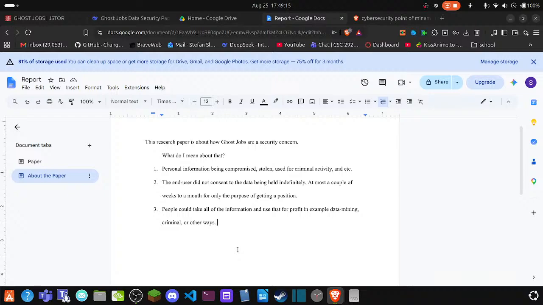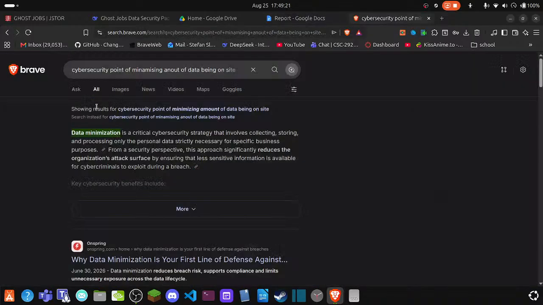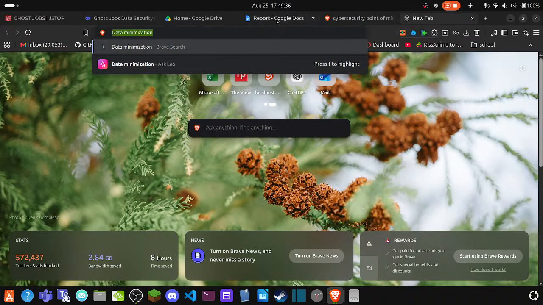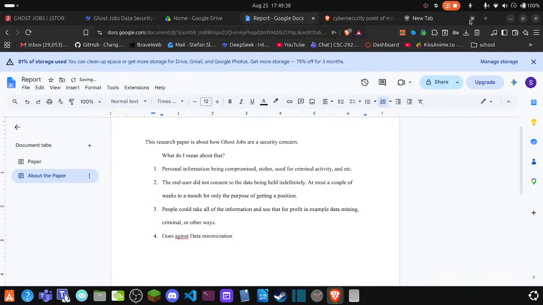It'll tell you it does, but it does not. That goes against data minimization.